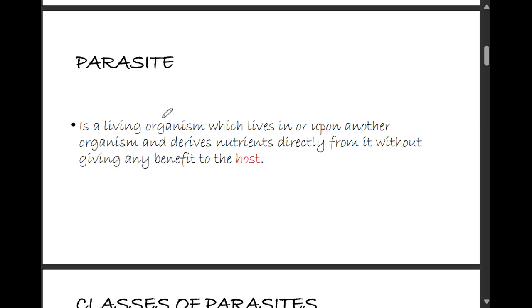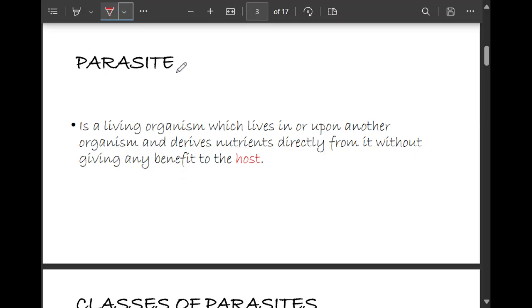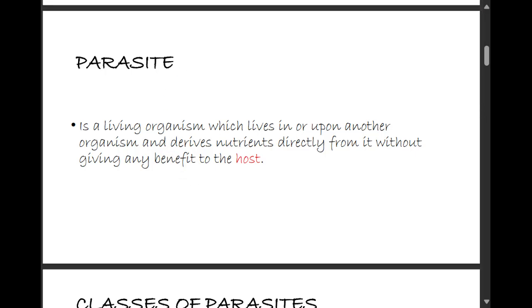Then further, let's now talk about the parasite. What is a parasite? By definition, a parasite is just a living organism which basically lives in or upon. Very important to take note of this.